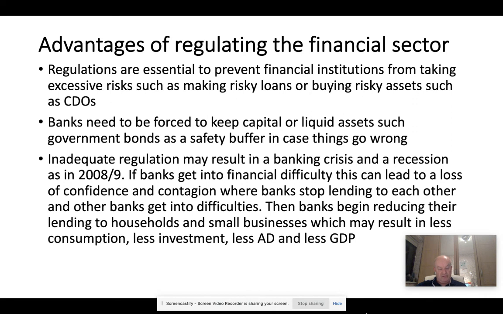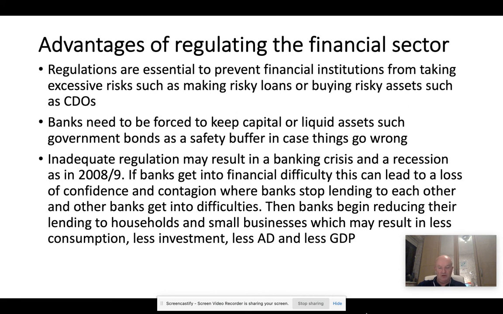And clearly, if we get to a situation where a bank is getting into some sort of financial difficulty, if we start to get a loss of confidence, and also something known as contagion, it's a bit like, if you like, the pandemic. If it's a contagious thing, what tends to happen is that if people lose confidence in one financial institution, that can very quickly spread into the whole of the system.